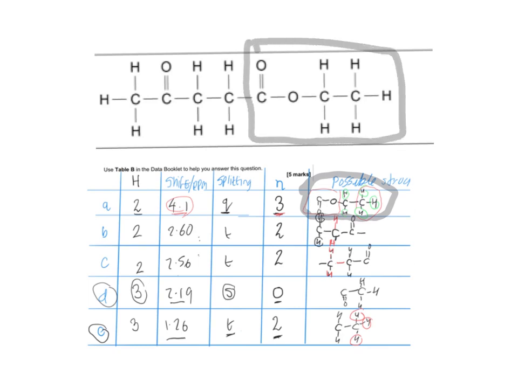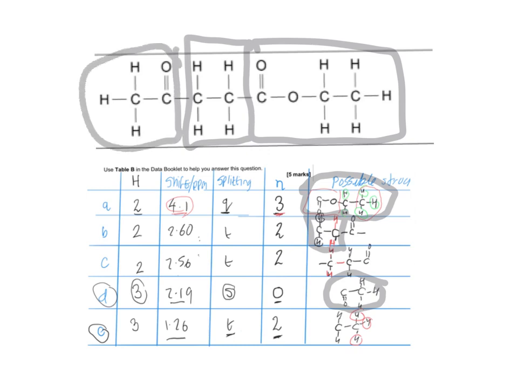Then the 2 CH2s, the 2 triplets, are here. And then finally the group that was the methyl group that had no other hydrogens next to it, we can see here that would just give a singlet because it's got no protons on that carbon.